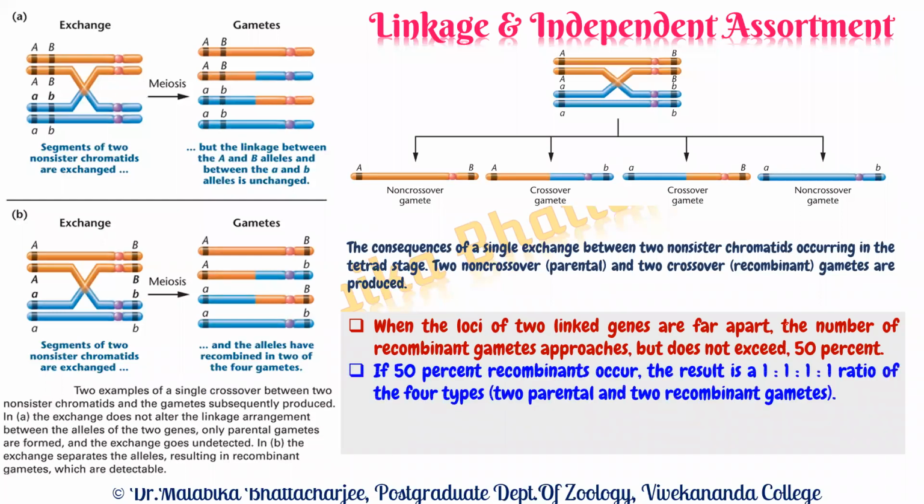The second important point: if you have 50% recombination, we don't know the status quo of the genes, whether they're linked or not, but we are seeing the gamete ratio as 1:1:1:1. We have to assume that the genes have been assorted independently.